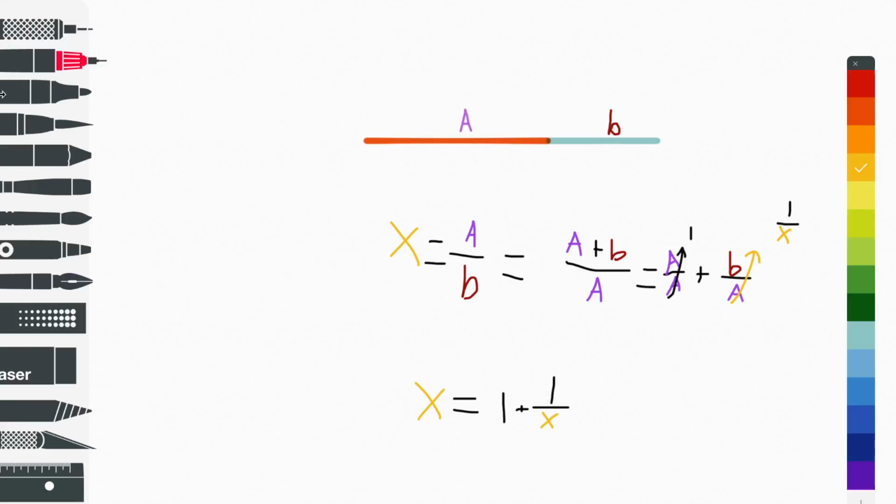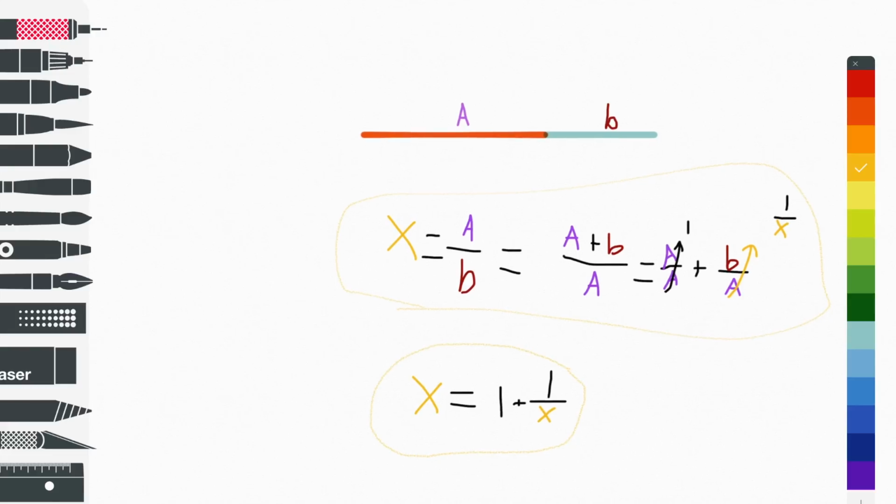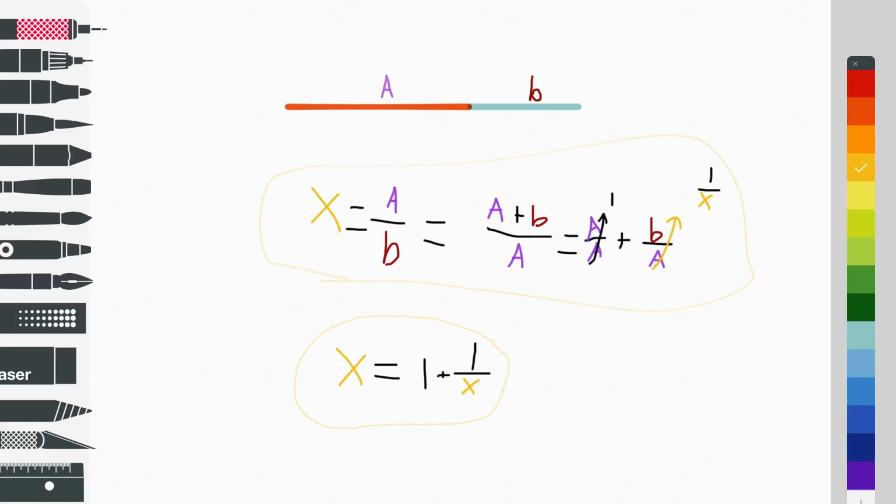So just based on what we got here, instead of writing 1 over x, so 1 plus 1 over x, you could just write it the normal way.